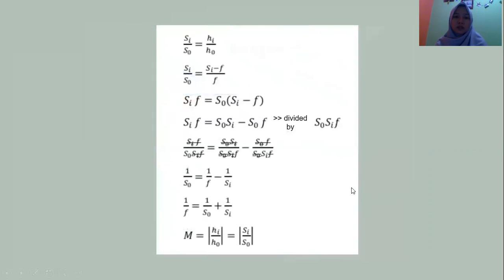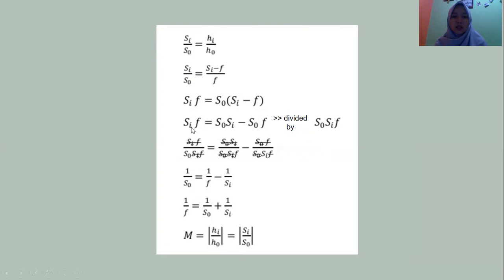Next, here, SI divided by SO equals HI divided by HO. So we can derive SI divided by SO equals (SI minus F) divided by F. So we can cross-multiply: SI times F equals SO times (SI minus F).